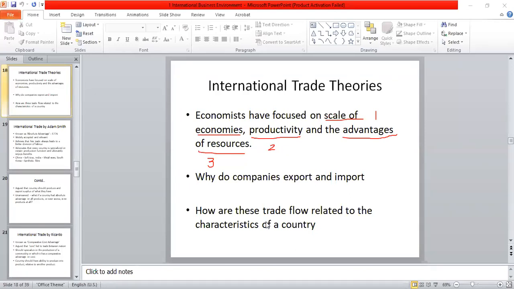These are the trade flows. And these trade flows relate to the characteristics of a particular country. It's a feature of that country.